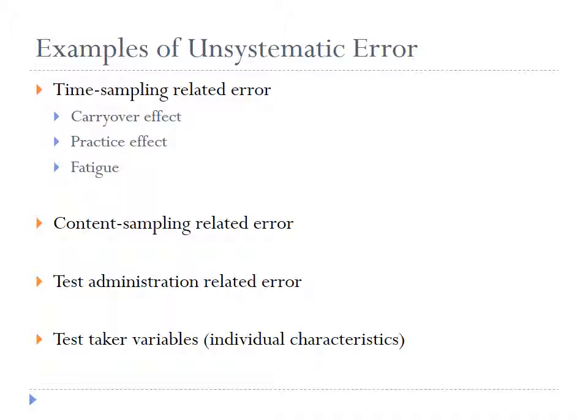You could take all these unsystematic errors and put them into different categories, subcategories, if you will. There are time sampling related errors. This has to do with when the different versions of the test or the different administrations of the test occur.